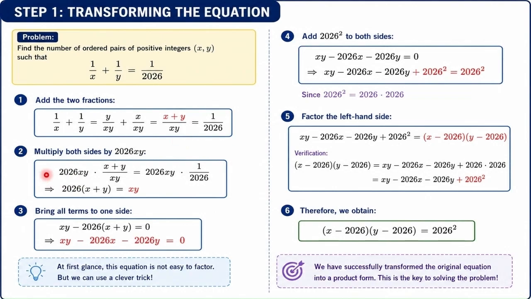This gives 2026 times (x plus y) equals x times y. Next, we move everything to one side. We obtain xy minus 2026x minus 2026y equals 0.